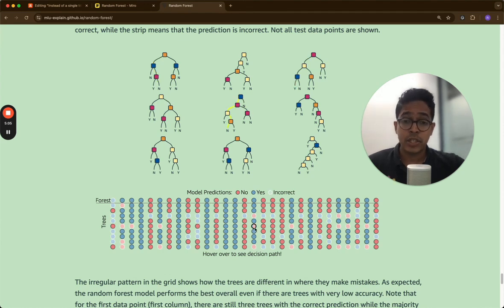Otherwise, no. If the majority makes a mistake, then the forest will also make a mistake. The worst data point on which all trees are getting the wrong answer is the first data point, because on this data point only 3 trees got the right answer.